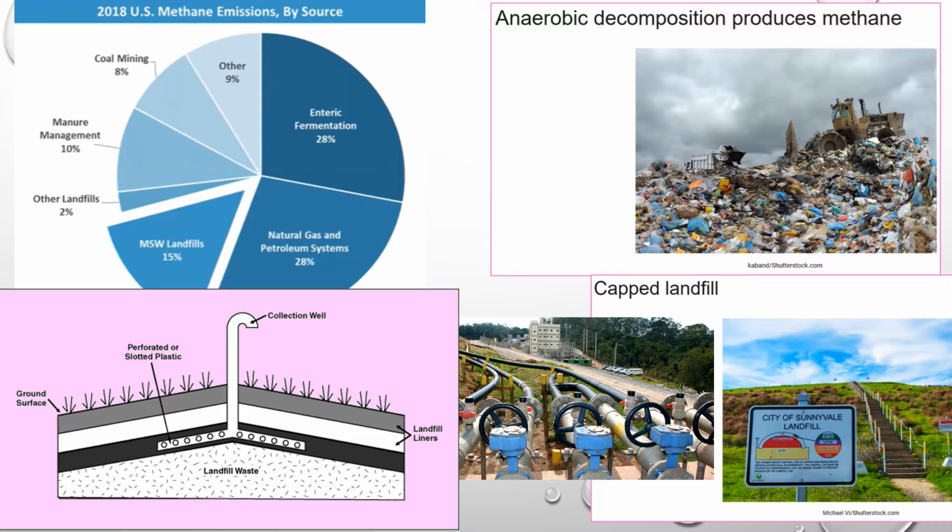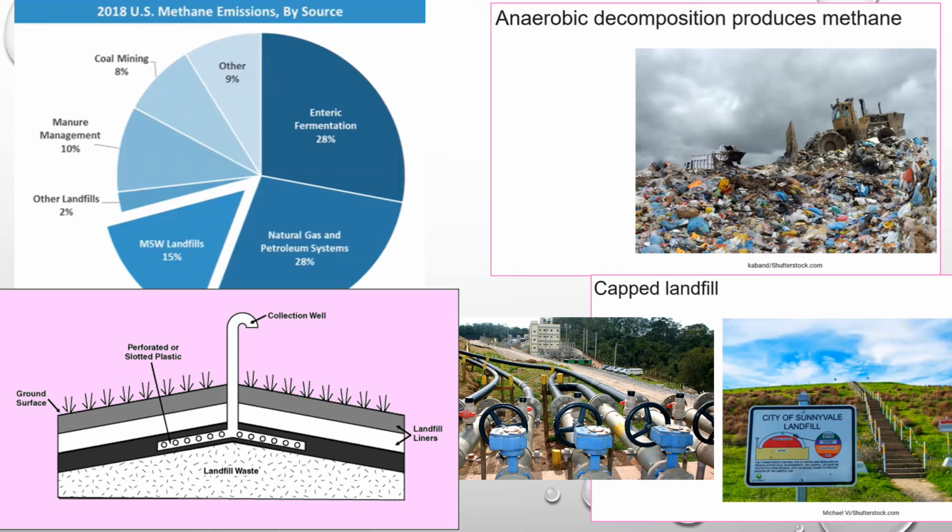And if anaerobic decomposition occurs, then we're going to produce a lot of methane. And methane you've learned about before because we've talked about methane with manure, and we've talked about it with mining and with our natural resources like petroleum and natural gas, right?